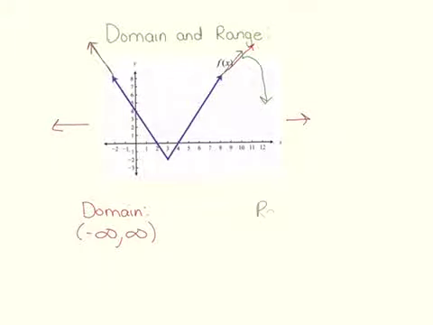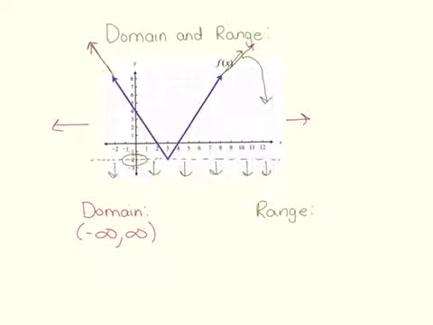So when we're looking at the range, again, we're looking at those y values, and we can see that the lowest y value our graph reaches is at a y value of -2. There's nothing below -2 here.